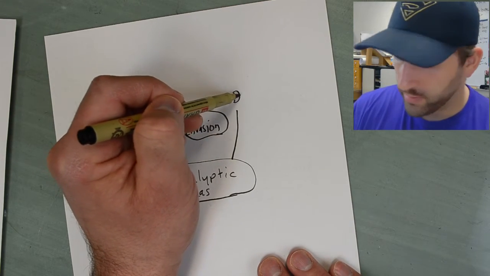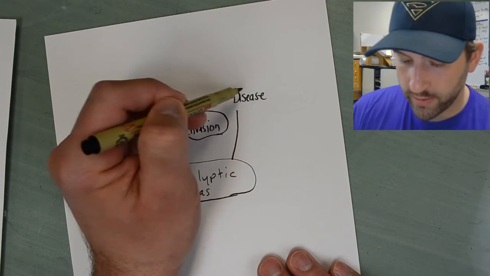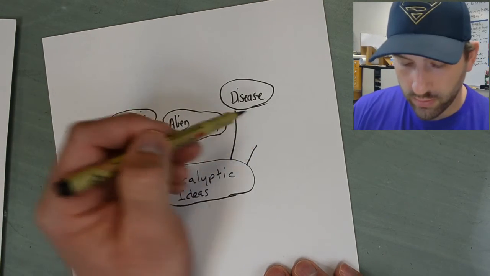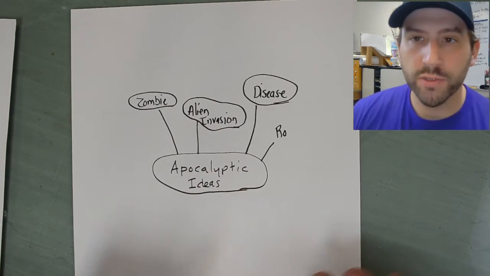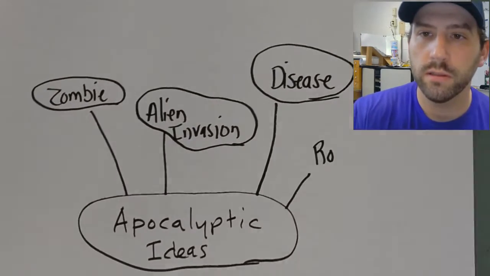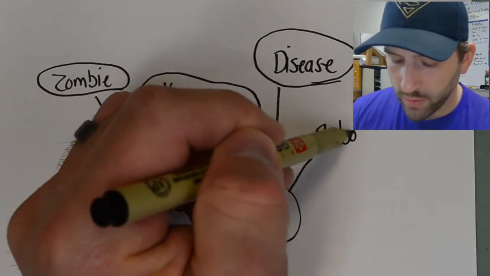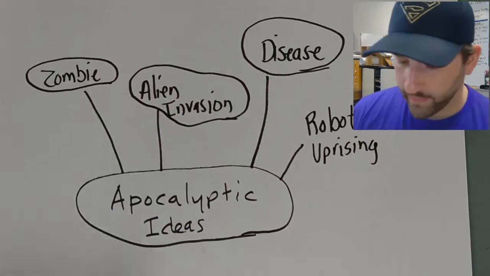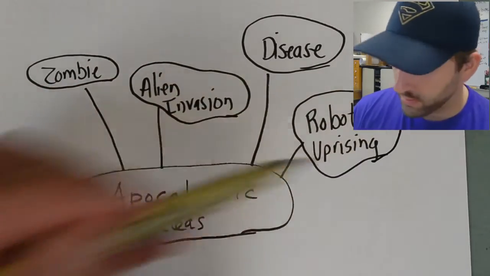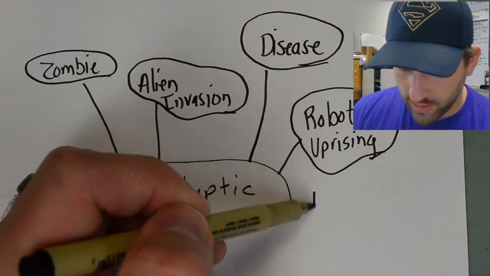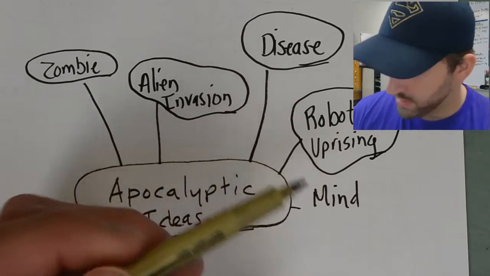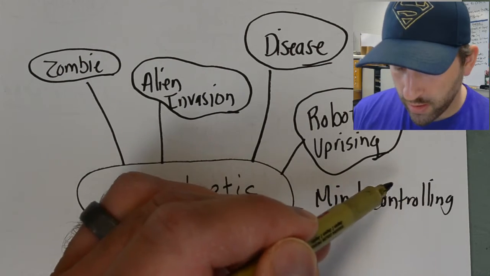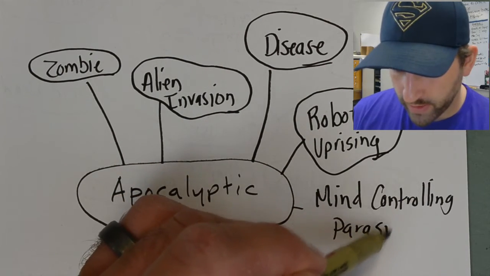So, disease. Hopefully I'm showing you these. Should have zoomed in. Sorry about that. Robot uprising. I just thought of a whole bunch. Mind controlling parasites.